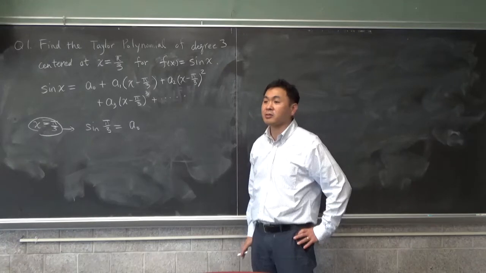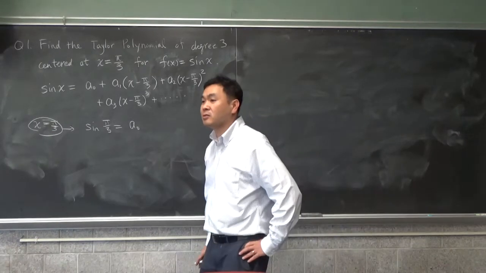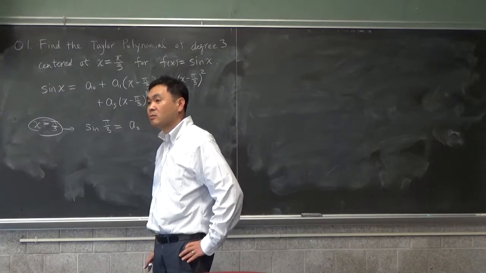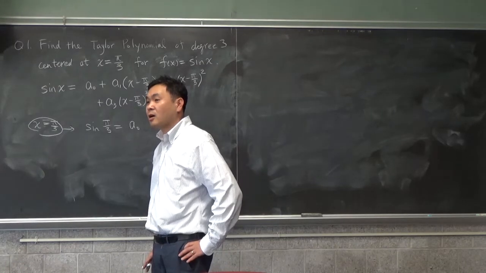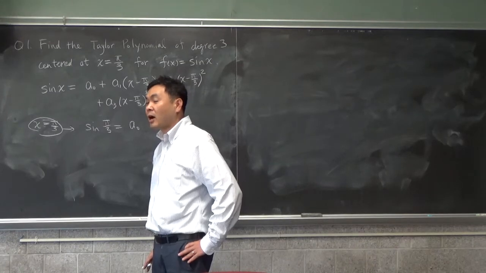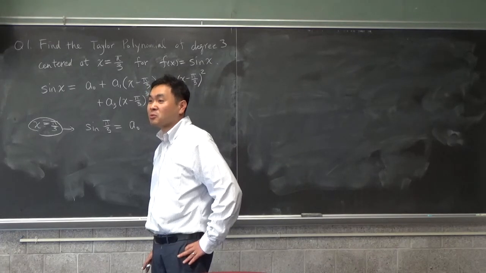I do have a question. In order to even use the equation for a Taylor series, you have to find all the a's that you gave us, right? I haven't told you the equation for the Taylor series.